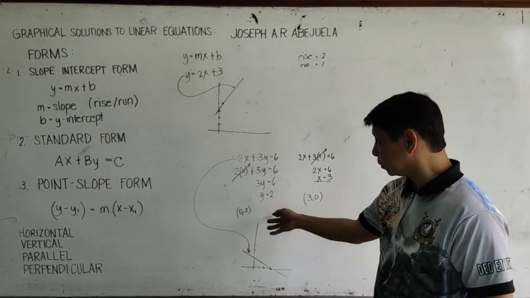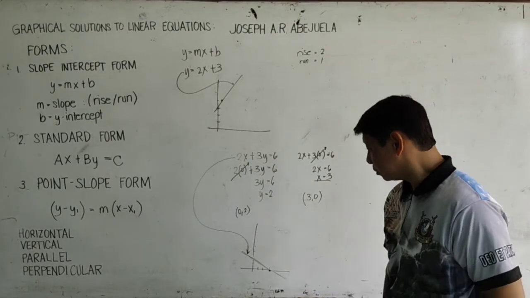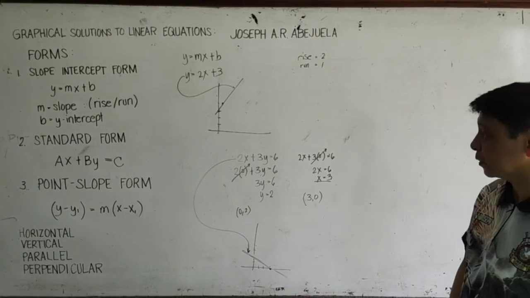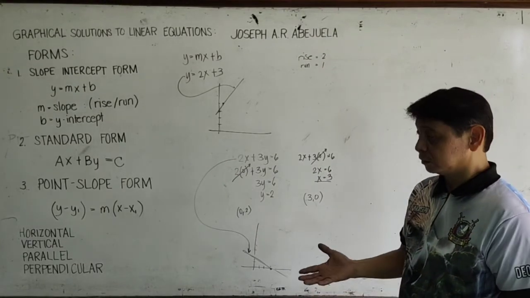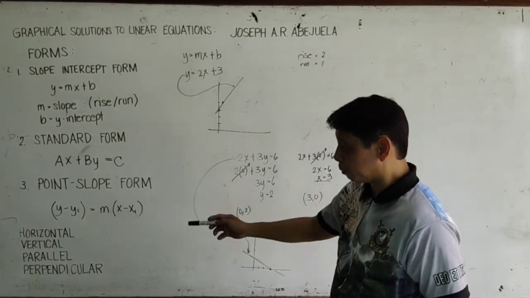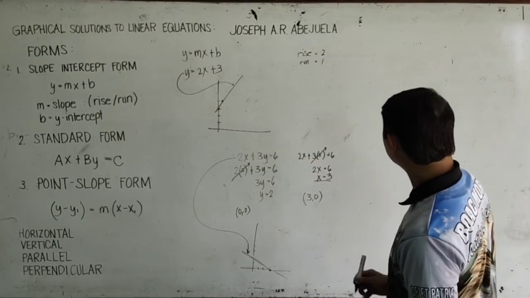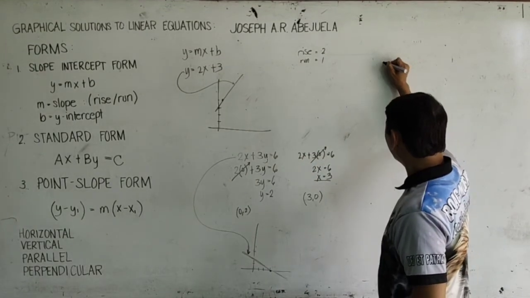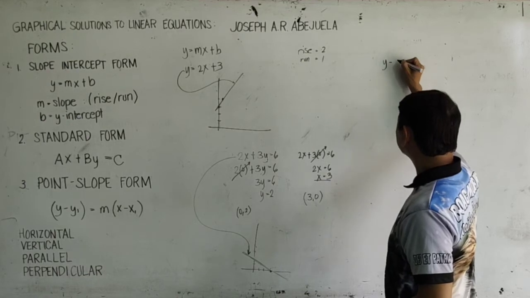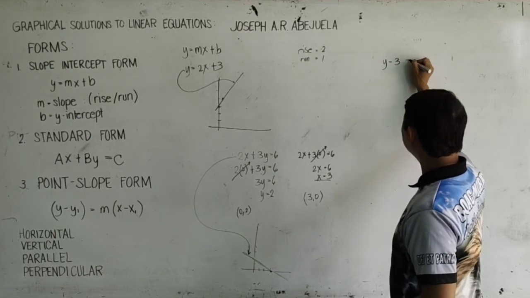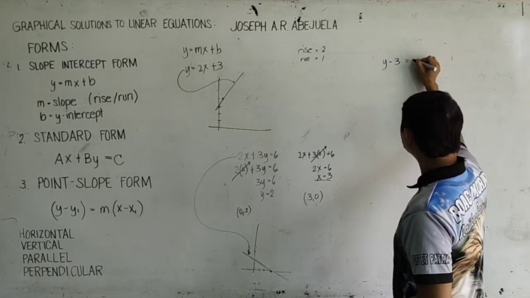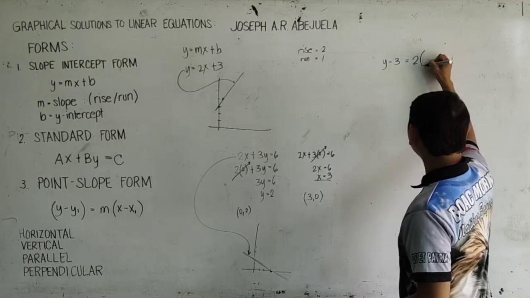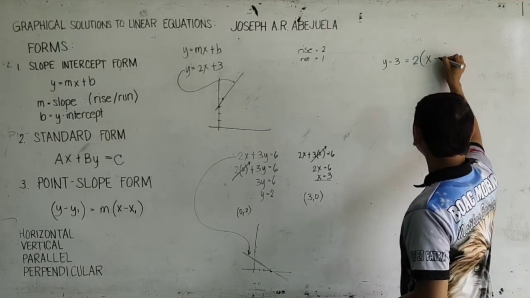Okay? So this is the standard form. Let's have an example for the point-slope form. So we have, for example, y minus 3 equals 2 multiplied by x minus 1.